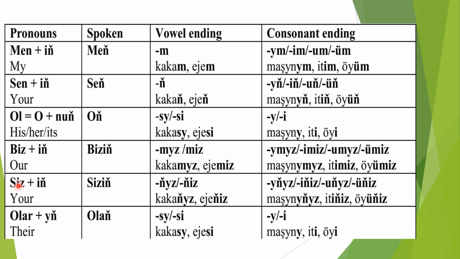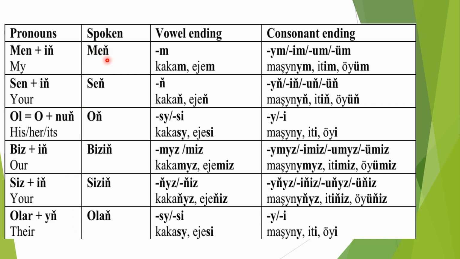Siz, then we added iň, and it became siziň. Olaryň. So now you can say these are the possessive pronouns. Let me read one more time: meniň, seniň, onuň, biziň, siziň, olaryň.